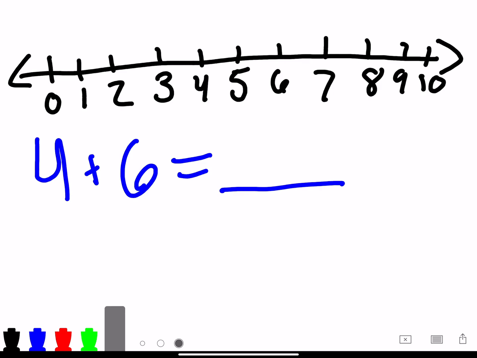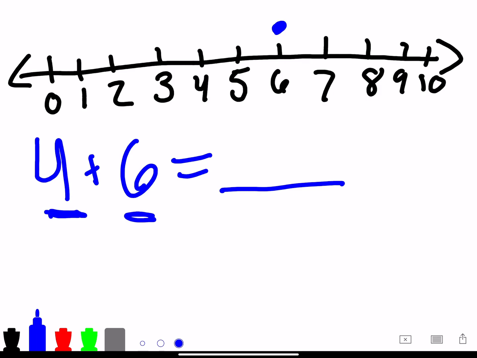Now, if you want to do it the quick way, which number is bigger, the 4 or the 6? If you look on the number line, 4 is closer to 0 than 6 is, so we know 6 is going to be bigger. So I'm going to put a dot on the 6, okay? Now, because we already used 6, it's time to use the 4 and move up 4 times. Since we're gaining more numbers, we're moving further from 0.